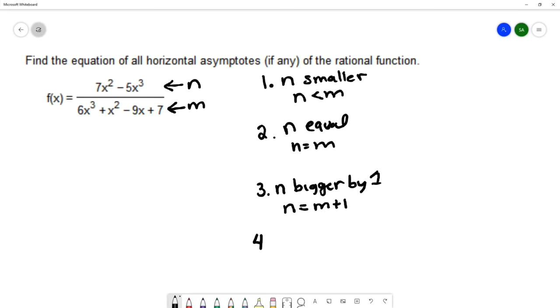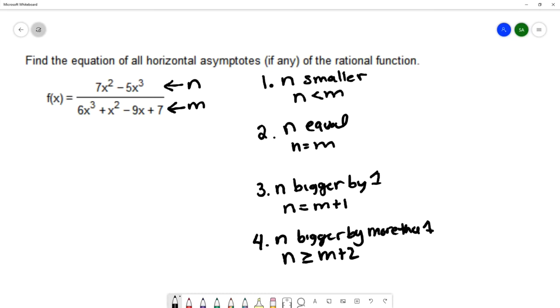And then the last case is n also being bigger by more than 1. And symbolically, we write that as n is greater than or equal to m plus 2. So these are the 4 comparisons that we can come out with.